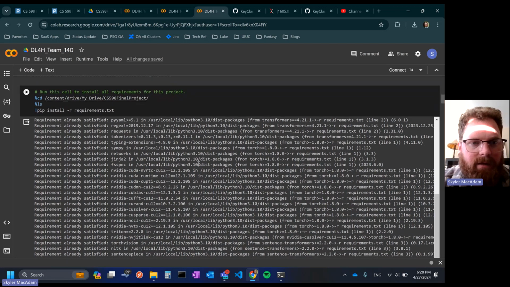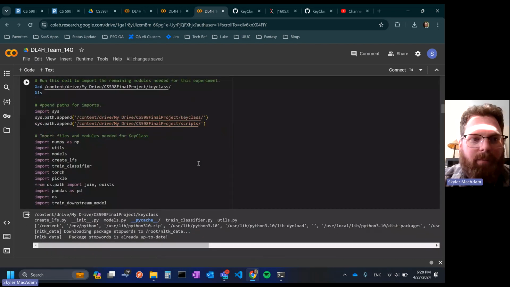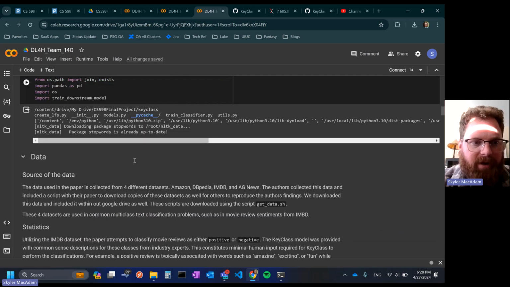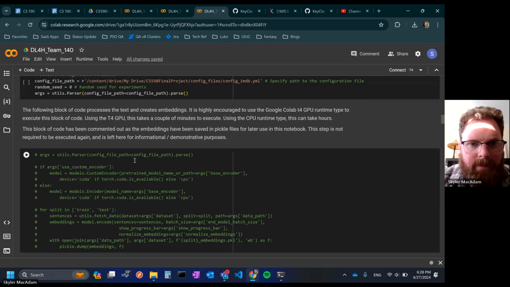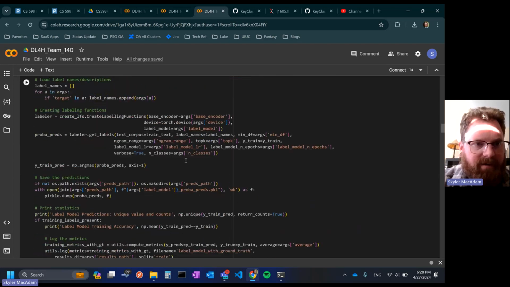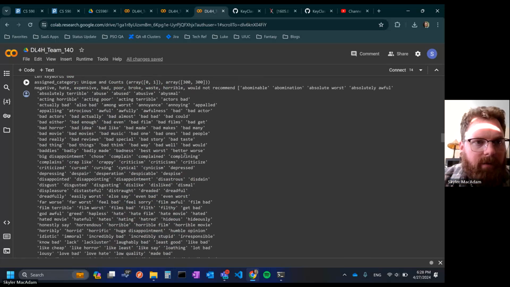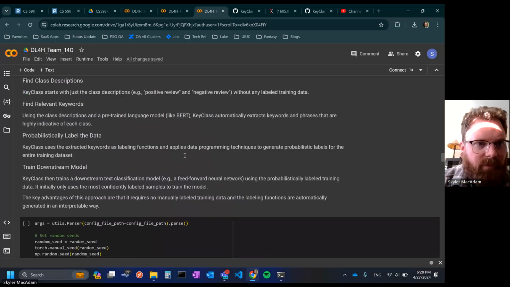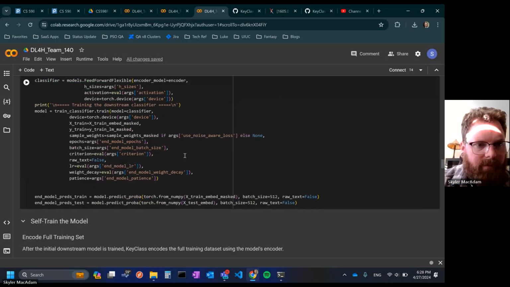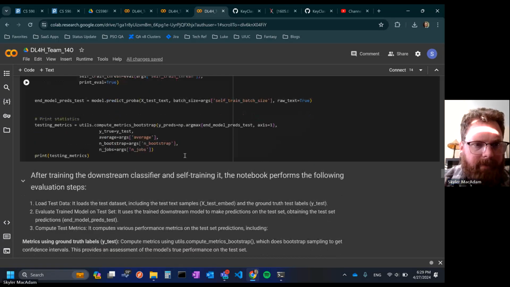Here we're importing certain libraries needed for the project, and then here we're processing the text embeddings. And here we are assigning the categories, the classes. And then we self-train the downstream model here.